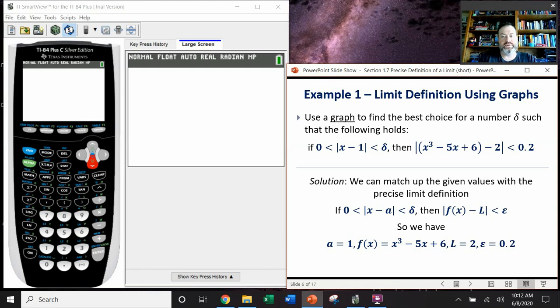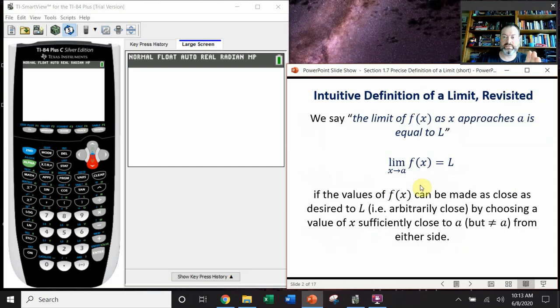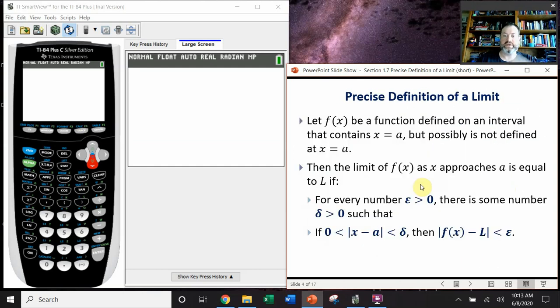So what we want to do is match up everything in our problem with the numbers in the definition. So again, let me go back and show you the definition. Right, here's your definition. So whatever number goes with x is what we've been calling a. That's where the limit is approaching.